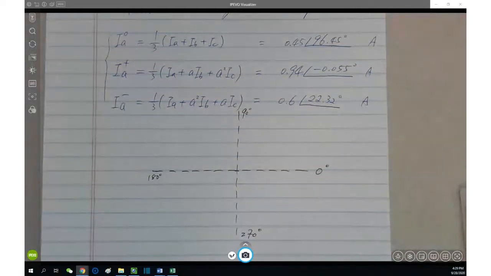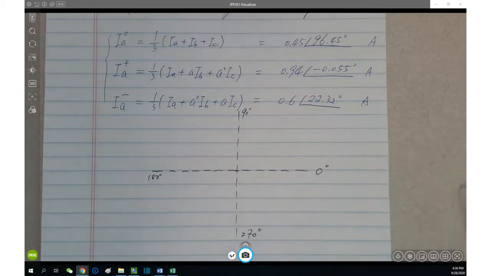How to plot the phasor? A phasor is a vector in the space, meaning a certain length representing the magnitude and a certain angle with respect to the zero here representing the phase angle. Does it make sense?